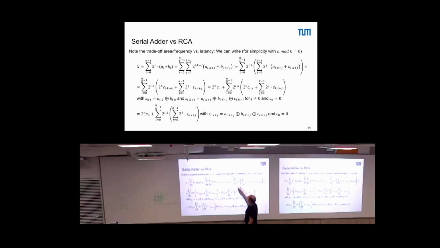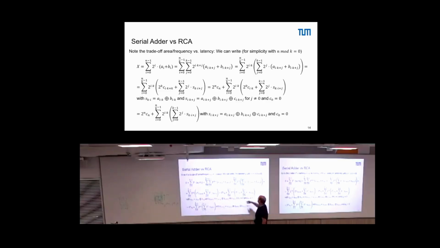Right? So now I have split it: in here I have a sum, here I have a sum. This sum always multiplies with 2 to the power of j. This here is 2 to the power of I times k. Good. Then I can do the same as before. I can replace this here by carries and sums. That is just what we did before.